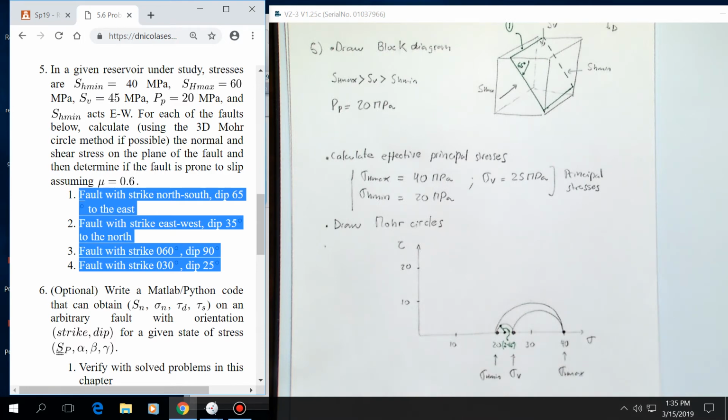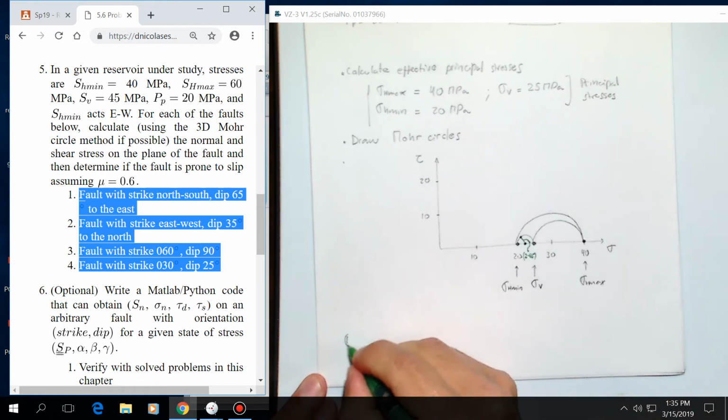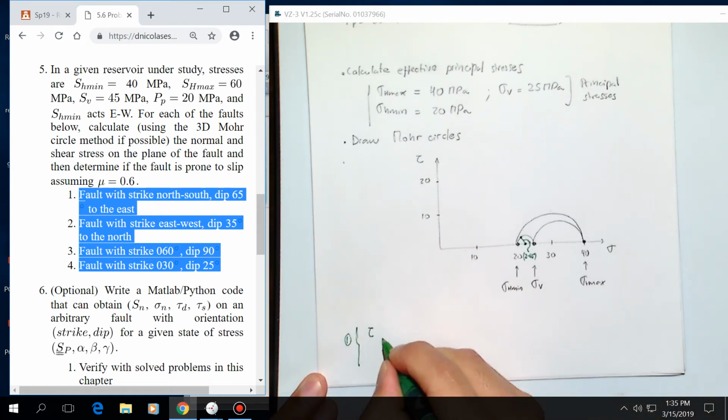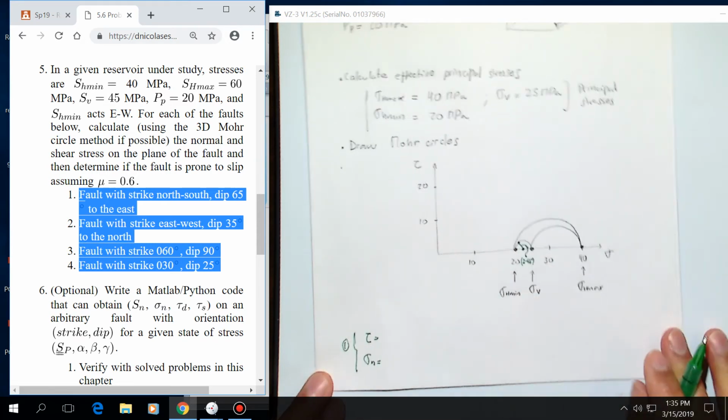Yes? To be clear, beta always equals to theta, correct? No. And let's, so are we okay with this example? I'm not going to calculate what is tau and sigma n, but you should do that, right? So for that point, or let's call it fault number 1, you have to tell me what is tau and what is sigma n, and that will depend on the center.